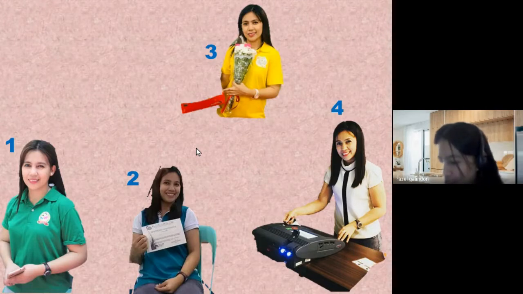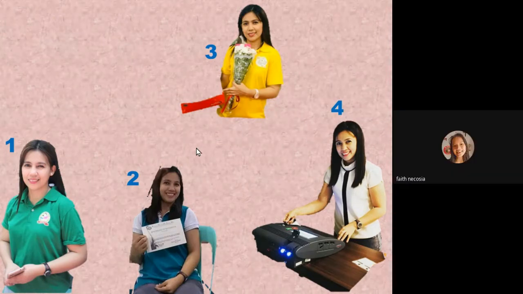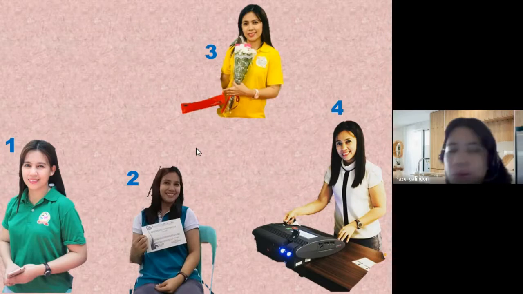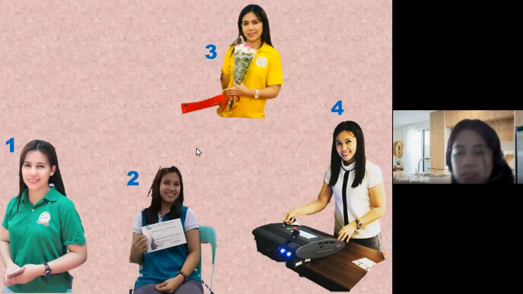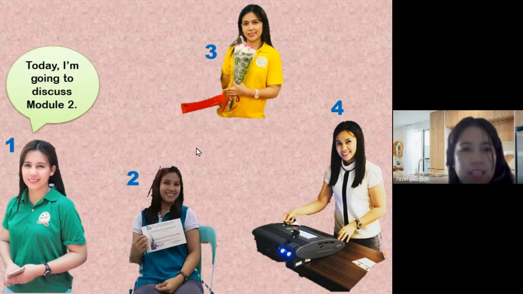Is your microphone okay, Faith? Okay. Again, for number 1, I assigned Jillian, number 2, Rochelle, number 3, Amber Faith, and number 4, Faith Nicosha. I want you to read this with proper emotion. Okay, number 1, Jillian.